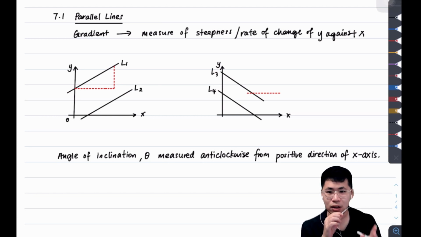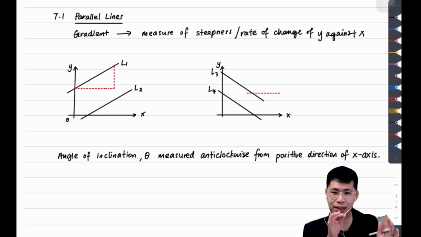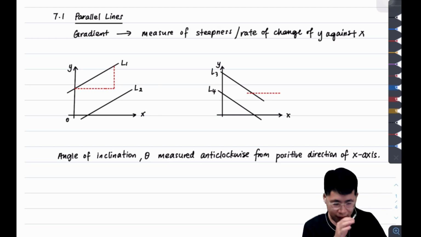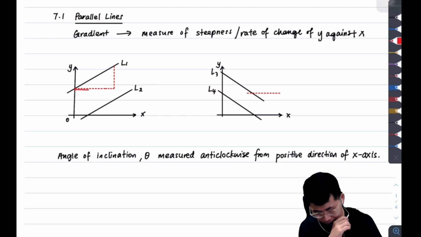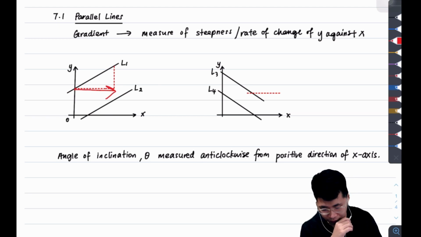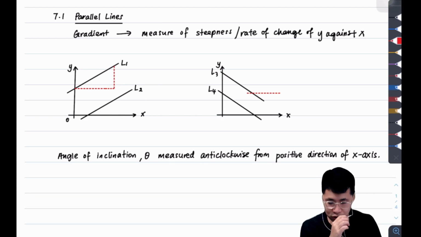So what is the angle of inclination? It is the angle of the line measured anti-clockwise from the positive direction of the x-axis. For example, we have the positive direction of the x-axis over here. I will need to measure, based on this special line, the angle to the line.